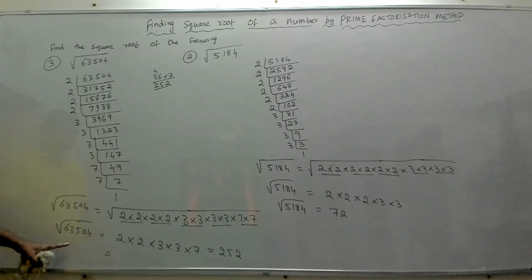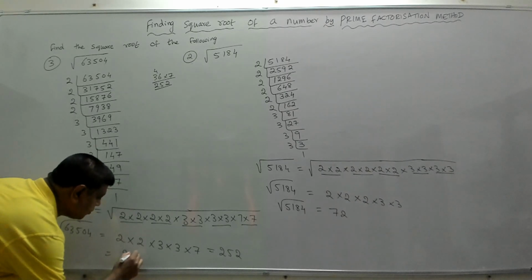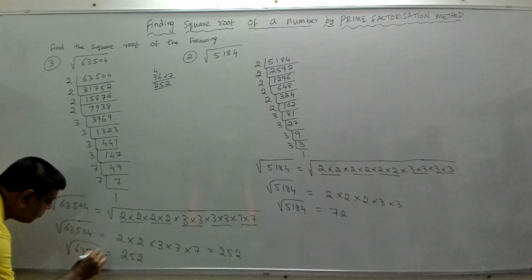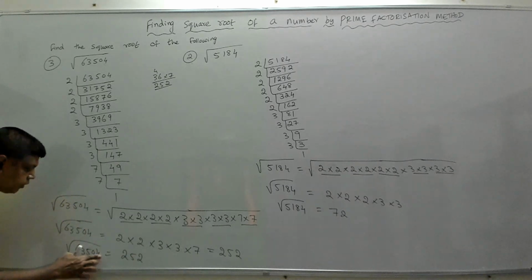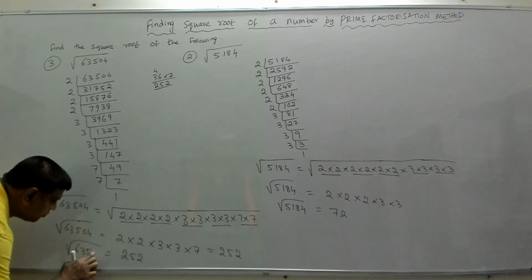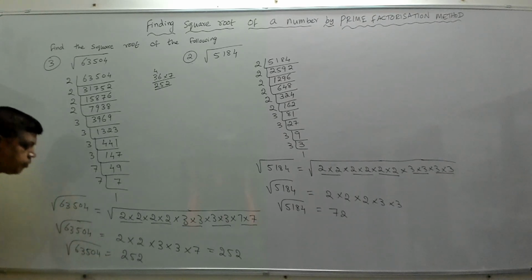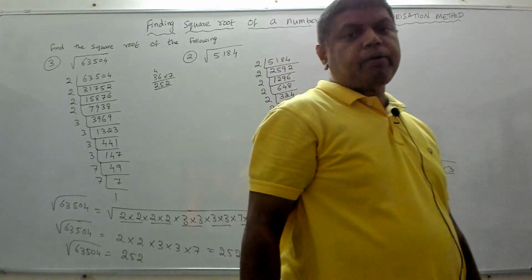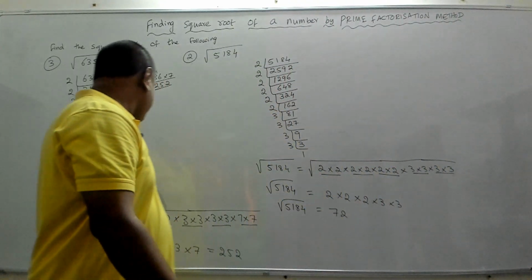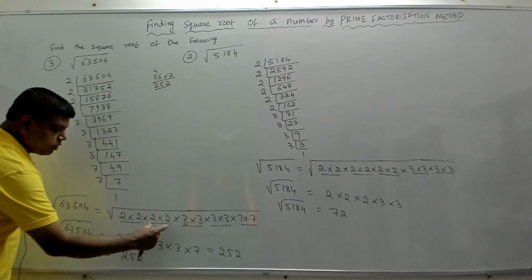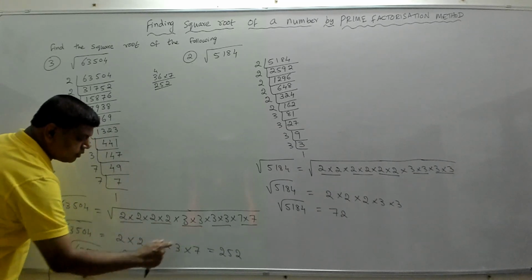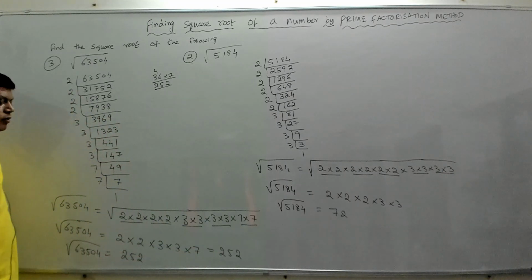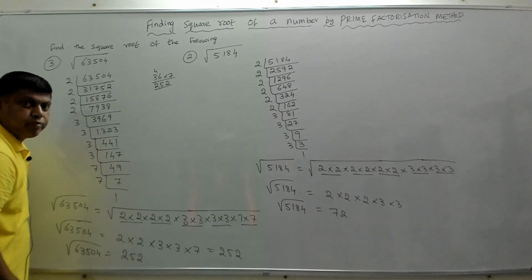What is the square root of this number? The square root of 63504 is 252. Yes, 252. Right, so this is how we find the square root of a number using the prime factorization method. Once you write two numbers, for these two twos one 2, for these two threes one 3, for these two threes one 3, for these two sevens one 7, then you need to put the square root here.